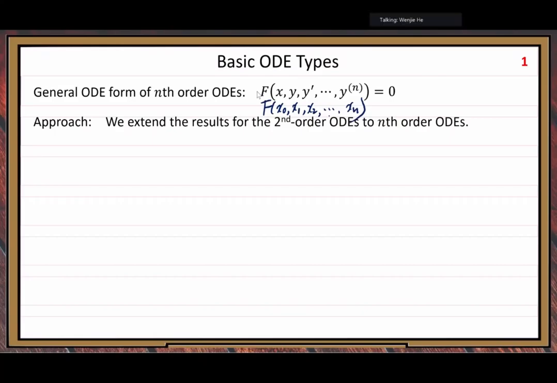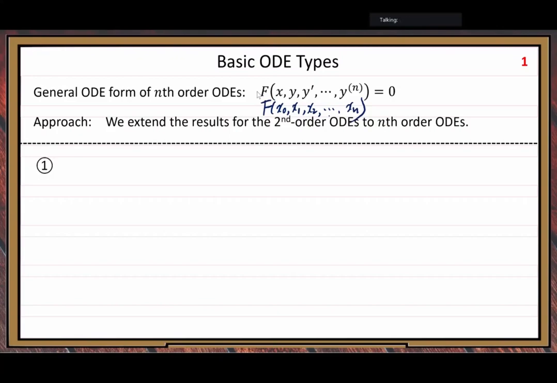The way we study the higher order ODEs, we extend the results for second order ODE to nth order ODE. So the results we learned in Module 2, we can easily extend them to nth order ODE. Now the types.